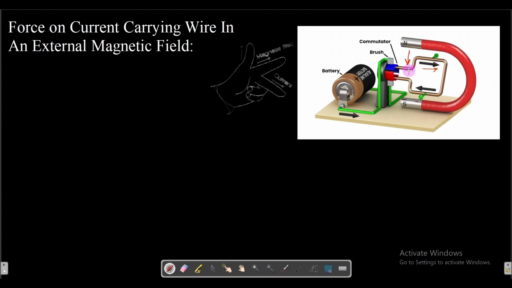If we put the forefinger of our hand in the direction of this external magnetic field, and the middle finger in the direction of this electronic current, the thumb will represent the force exerted on this part of the conductor.